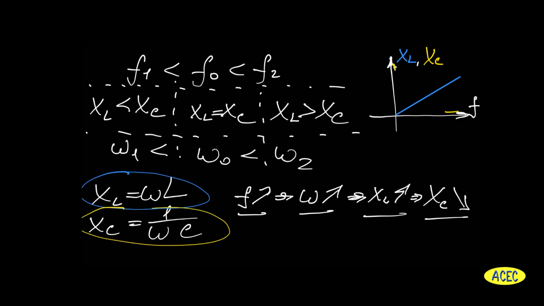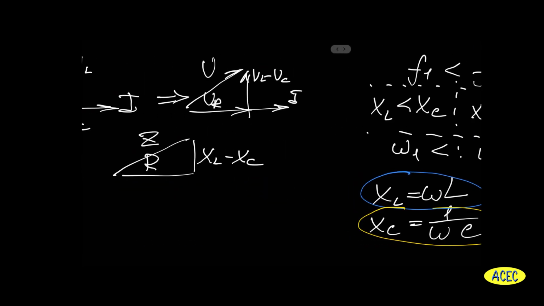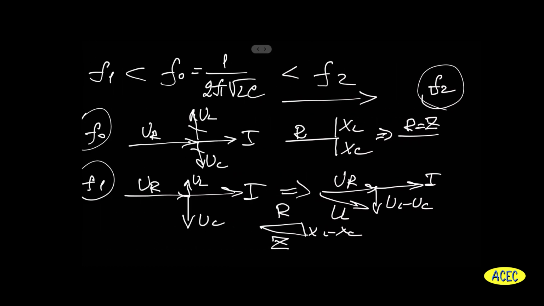The cross-section of these two graphics gives us the resonant frequency. And yes, in this point, capacitor reactance is equal to inductor reactance. The same we saw on vector diagram and impedance triangle.